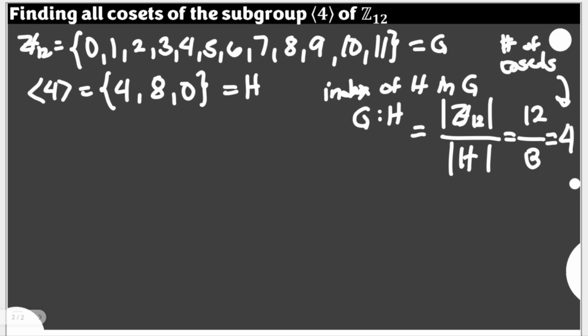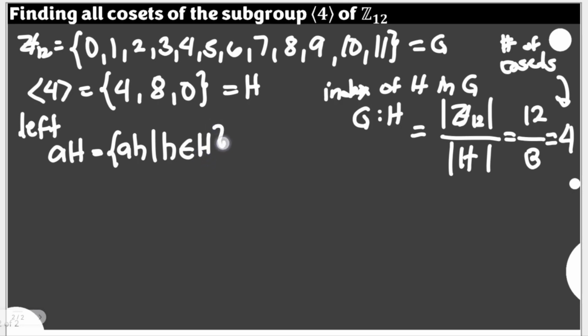Now let's proceed with our left cosets. For our left cosets, it should follow this pattern: A times a certain group, in this case our H, the subgroup generated by 4, is equal to AH for all small h elements of our subgroup H, for all A elements of our G, or Z12.